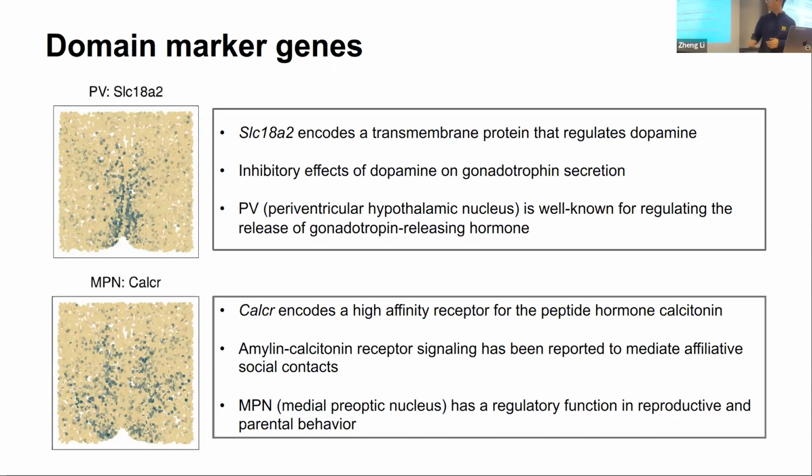At the same time, according to some previous studies, we know that this region has a regulatory function in reproductive and parental behavior. So this connection suggests that this gene might underlie the function of this region.